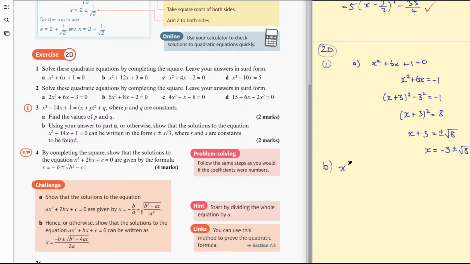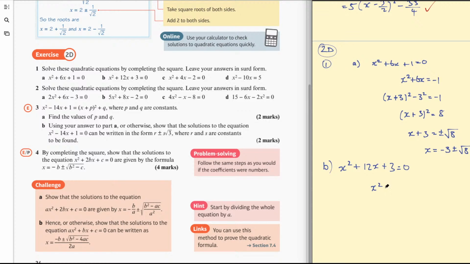x squared plus 12x plus 3 equals 0. Okay, so we take that 3 from both sides.